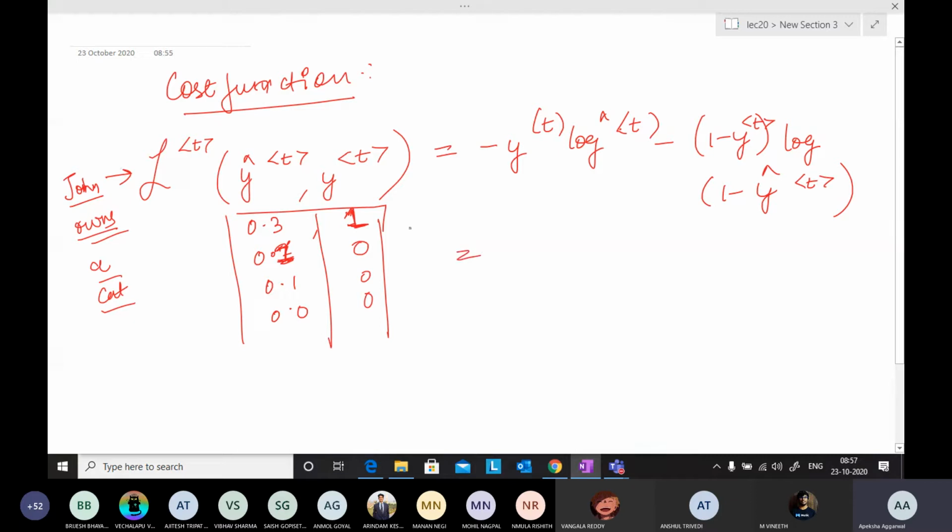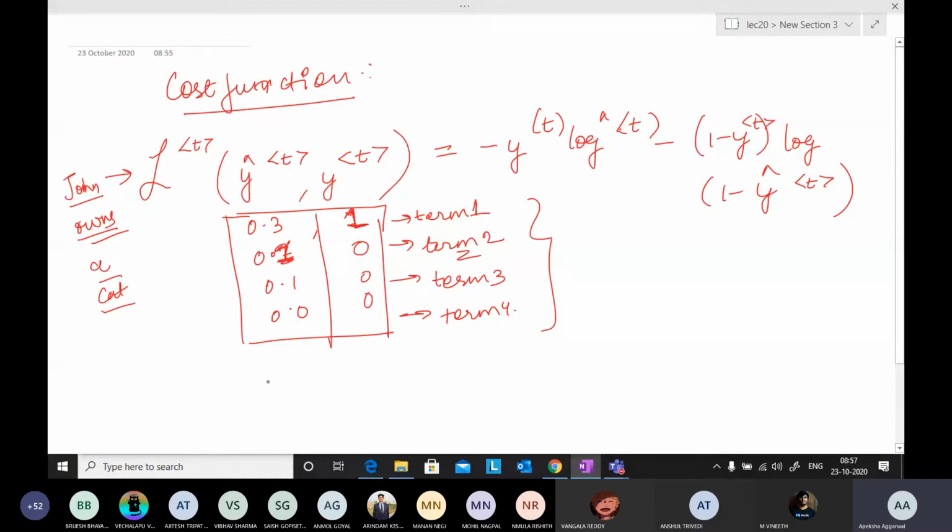So total loss is basically the sum of all these losses at every term: term 1, term 2, term 3, term 4. Total loss is calculated by summing all these individual losses.